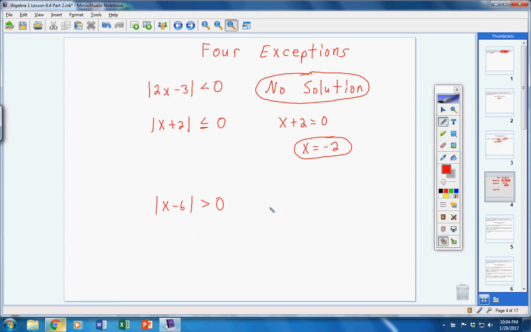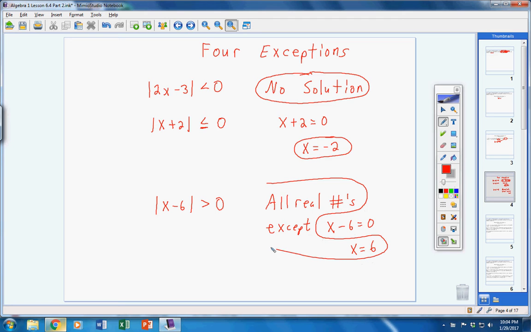Your answer would be all real numbers except, take your inside and set it equal to 0 and solve. Bring your 6 over and make it positive. So your answer would be all real numbers except 6. All real numbers except 6.